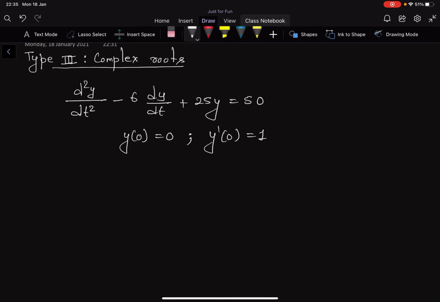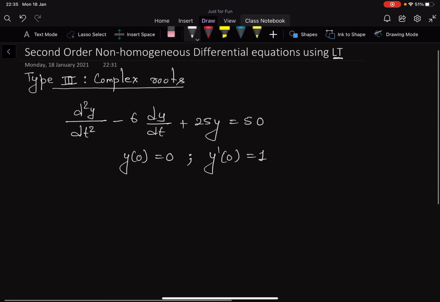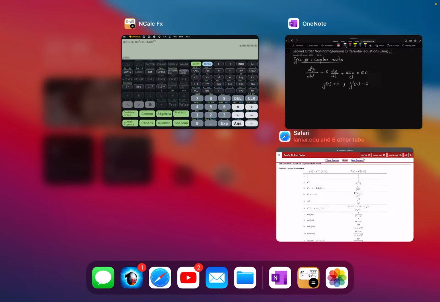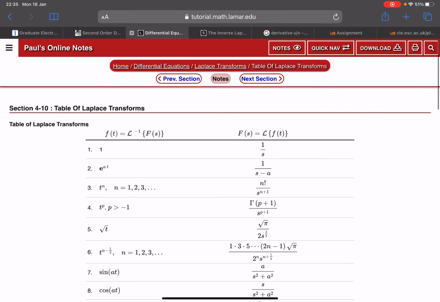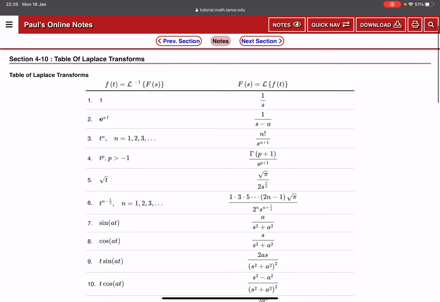When we're solving any differential equation using Laplace transform, we need to have a table of Laplace transform formulas. I have this website here, and you can find these formulas on any website, but this one is good.